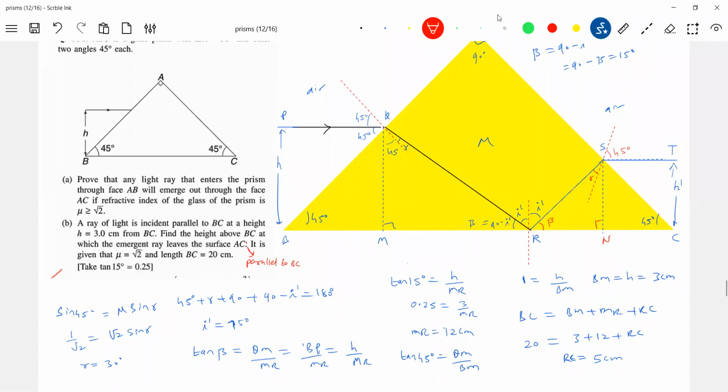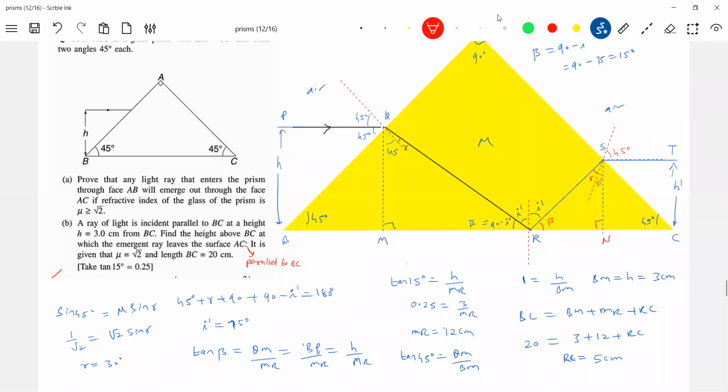This is 90. Shall we take this angle again, 45? Any geometry I should do here?